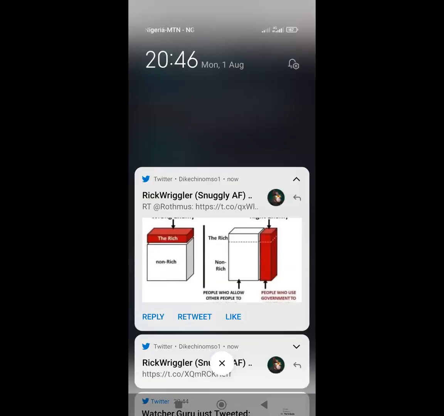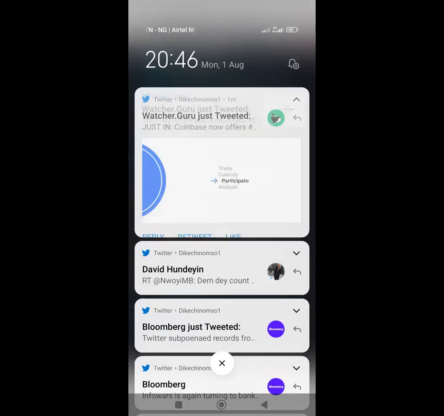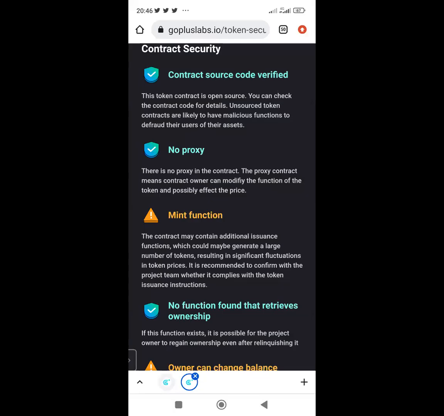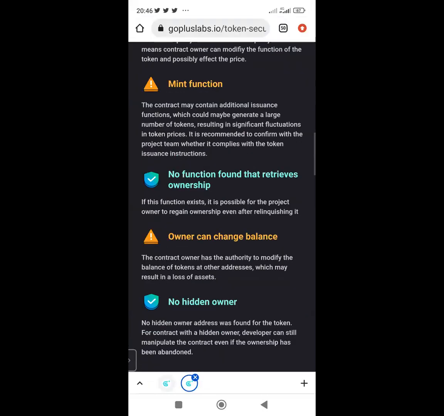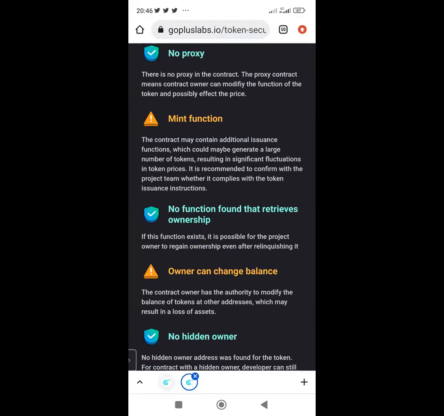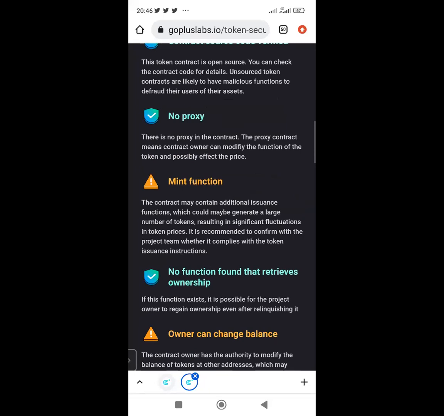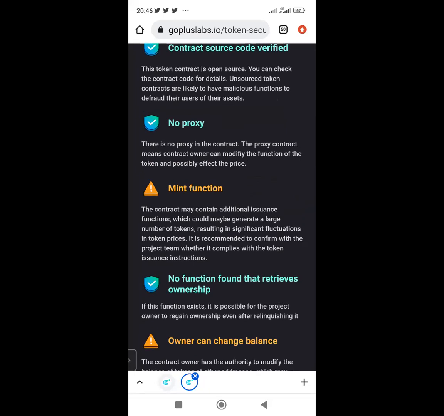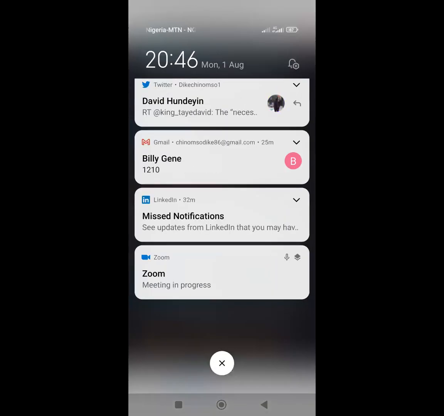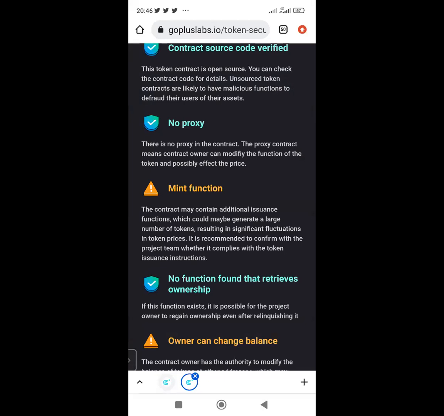Sometimes they'll design a coin, and the owner of the coin is making mint functions. Mint function means the person can mint more tokens. It's the way Nigeria will produce more currency, and then the value of the one you have in your bank will be reducing.